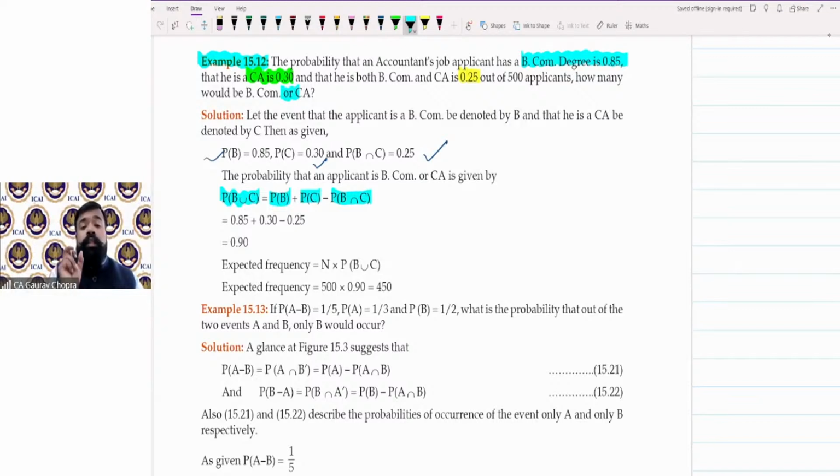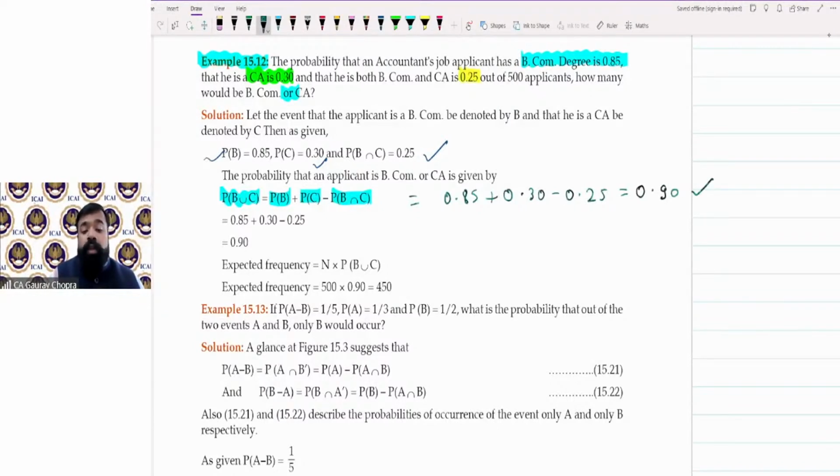Because these candidates are included in both BCom as well as CA. Therefore, we have to exclude them. So let us write the values. Probability of B is 0.85 plus P of C is 0.30 minus the common portion 0.25, and we are left with 0.90.